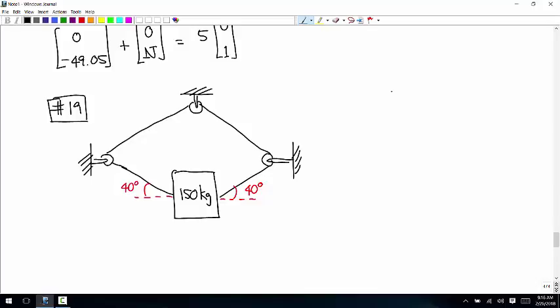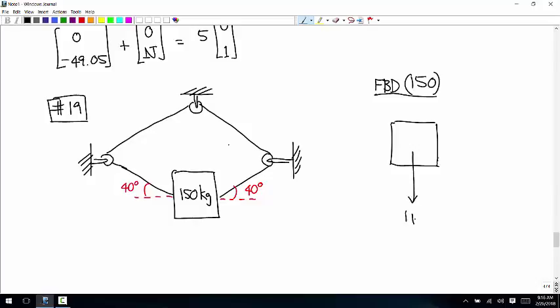Okay, so free body diagram of this weight. So you just have to be systematic about looking for the forces. What forces are there? There's a weight. That's 150 times 9.81.